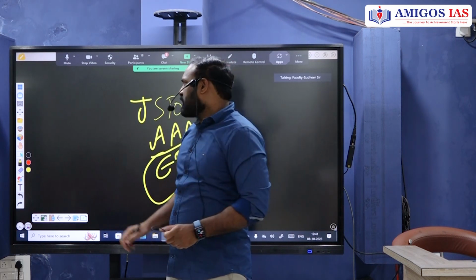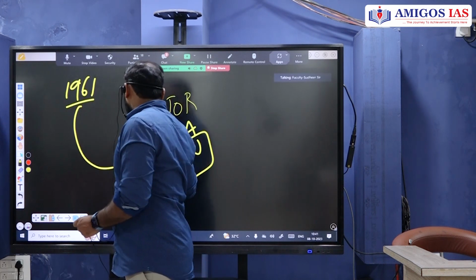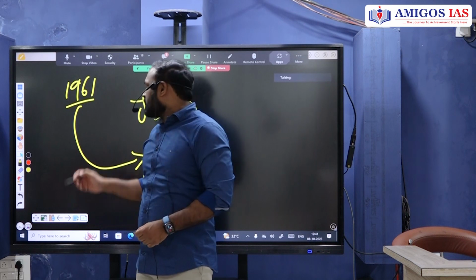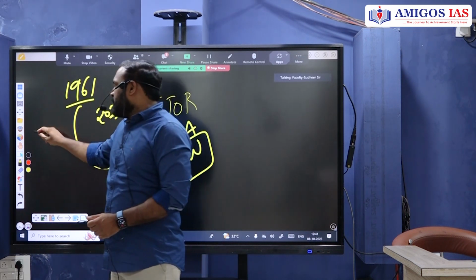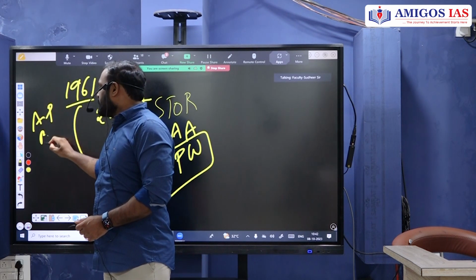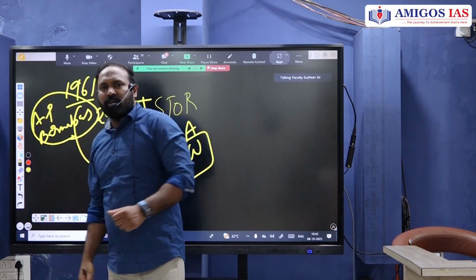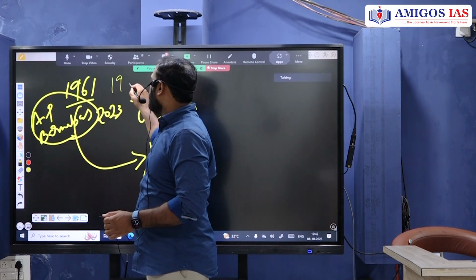Those dimensions were picked from, I think, the August 1961 edition of EPW. 1961, and this is 2023. I still remember A.P. Barnabas has written a few times, and a couple of interesting articles in EPW in 1961 and in 1965.